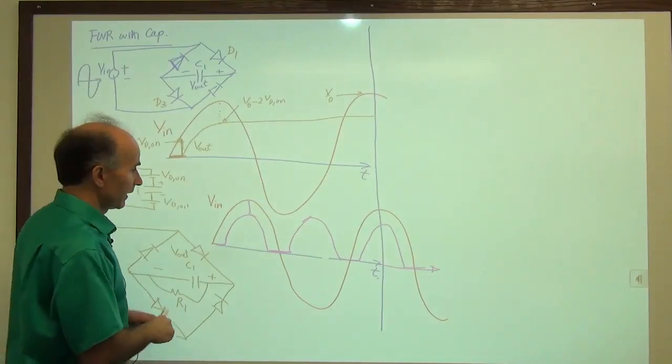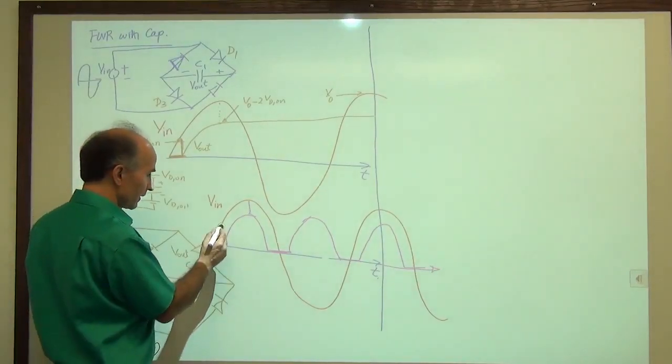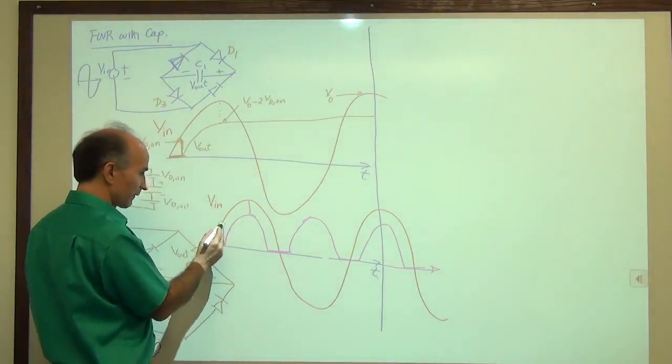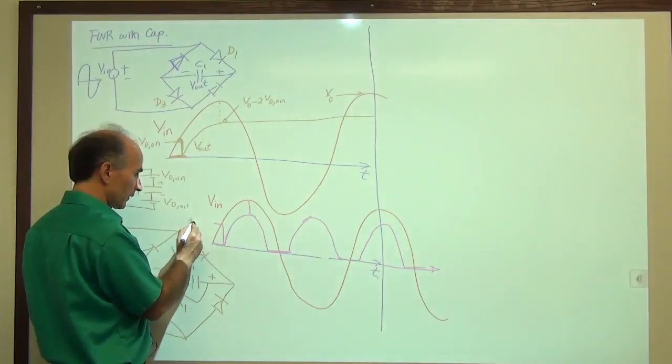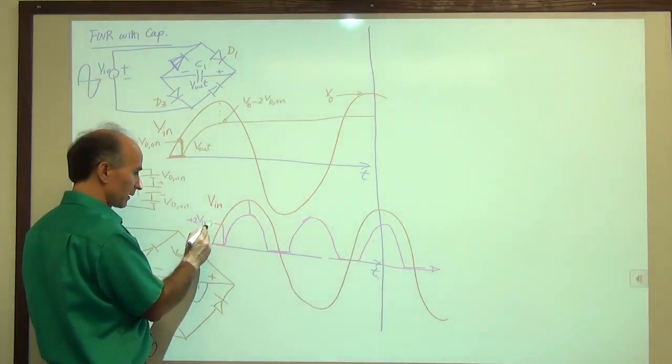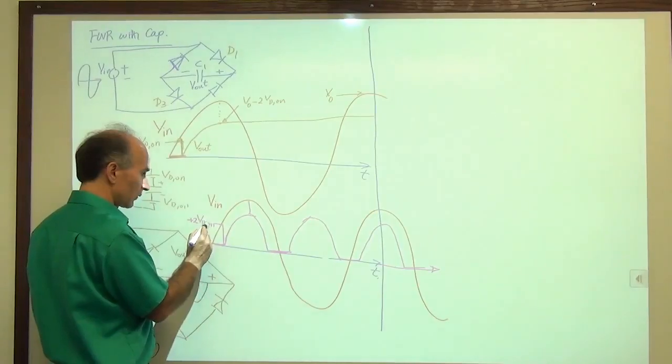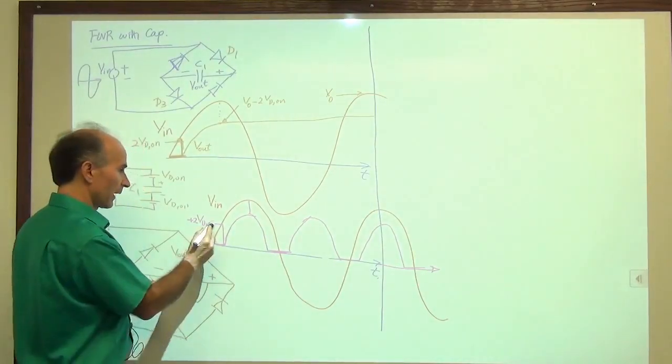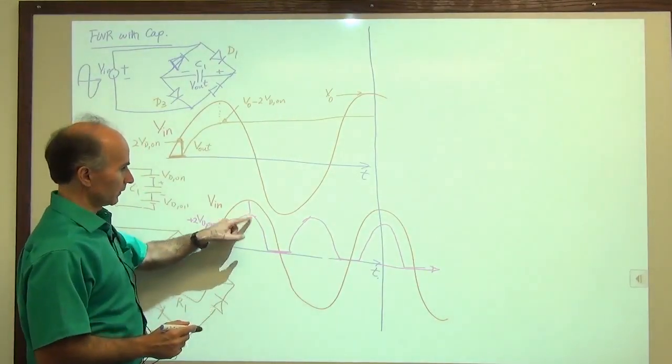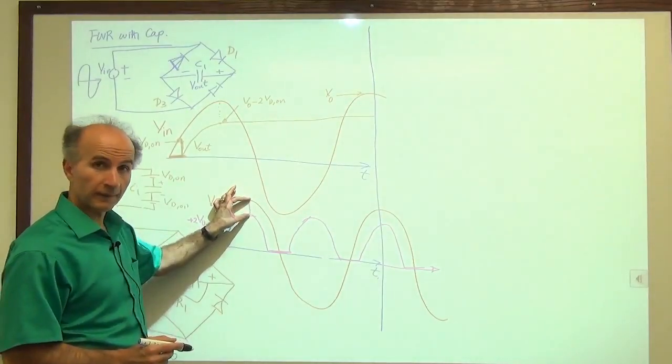So we see that when the input reaches a sufficiently positive value, so that would be plus 2 VD on, then 2 of the diodes turn on, and the output begins to track the input with a difference of 2 VD on.